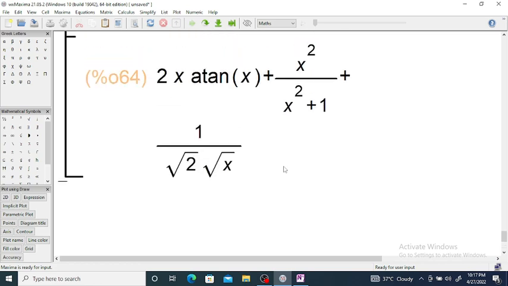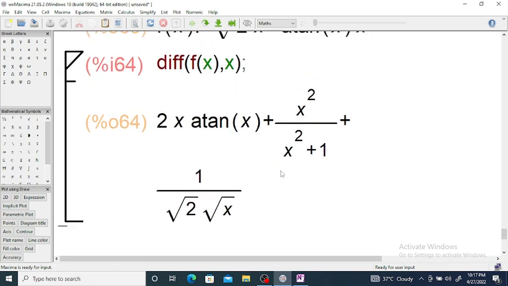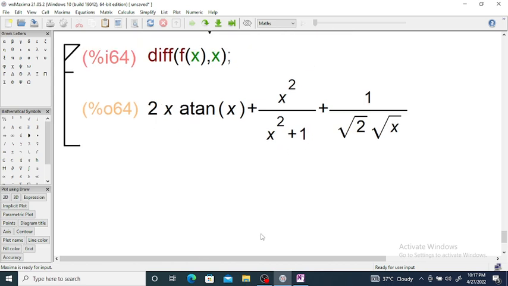You can check. This is the derivative, twice x 8 tan x plus x square divided by x square plus 1 divided by square root 2 into root x.